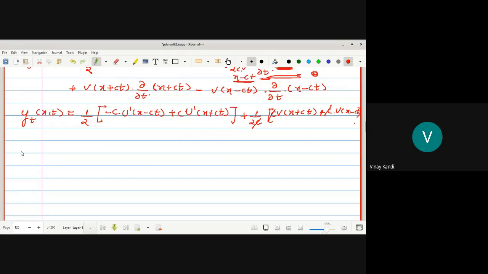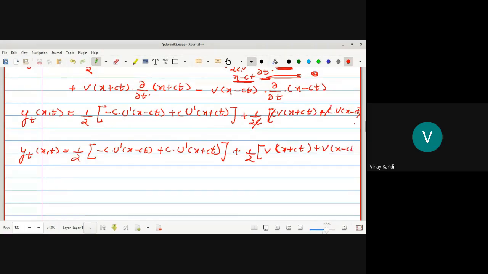So here remains y_t of x,t is equal to, okay, 1/2 into bracket minus c into u dash of x minus ct plus capital C into u dash of x plus ct, plus 1/2 into capital V of x plus ct, okay, plus capital V of x minus ct. Okay, give it as an equation number 11.